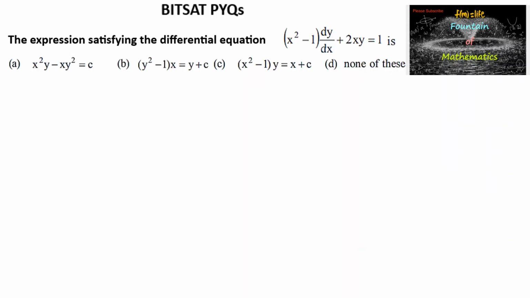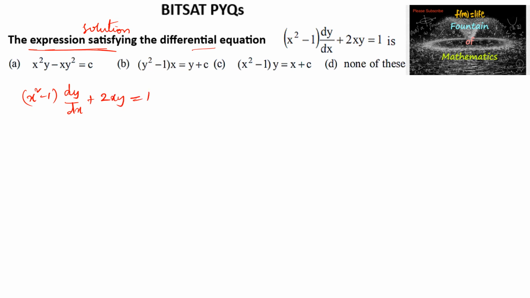We need to find the expression which satisfies the differential equation, or we need to find the solution. The expression satisfying means solution. The solution of the differential equation (x square minus 1) dy/dx + 2xy = 1.